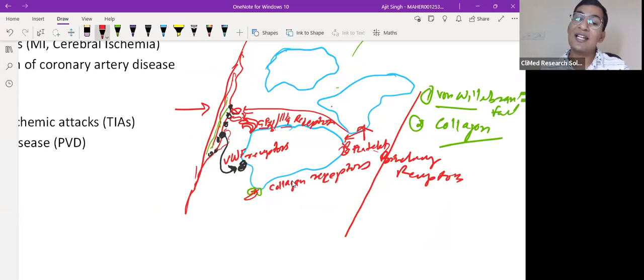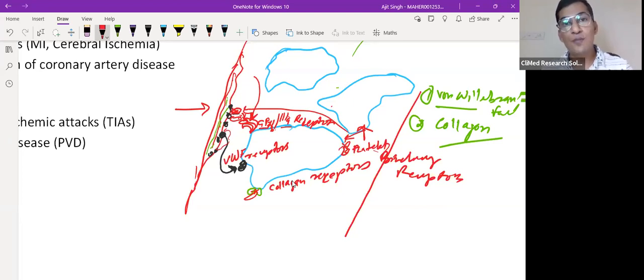When I'm talking about GP2b3a inhibitors, the drug, tirofiban or whatever you are giving, will come instead of these factors. Instead of these factors, the drug will bind to the platelet receptors and occupy the place. Understand? So there is no place to bind with these factors at the injured site.